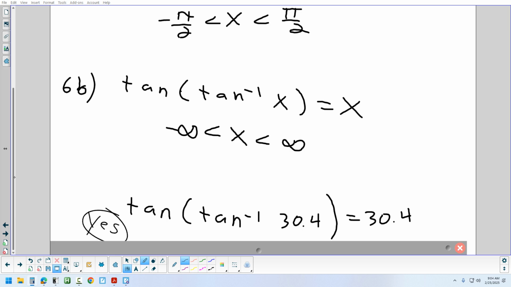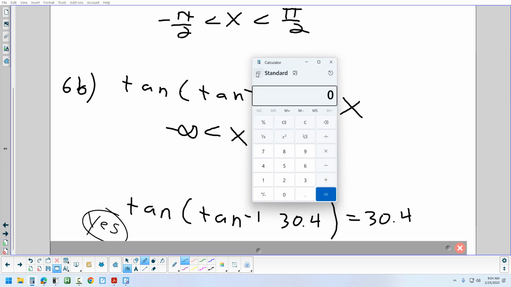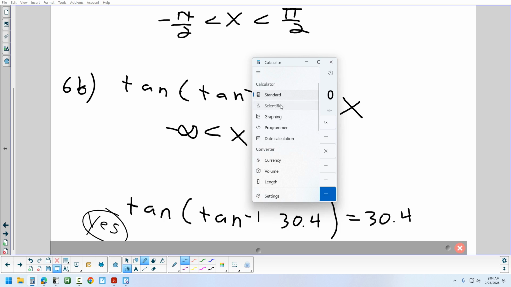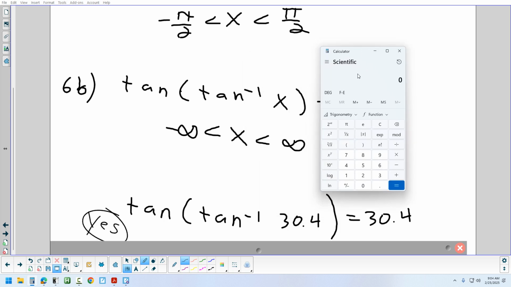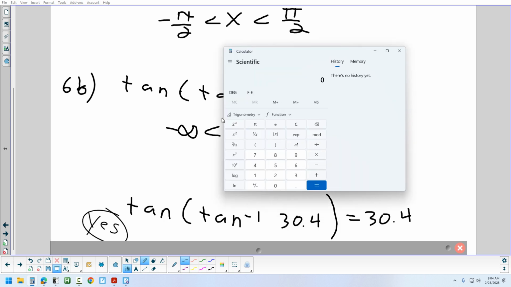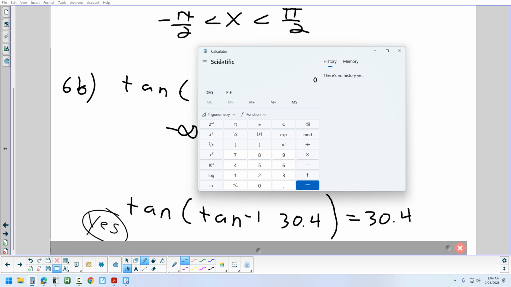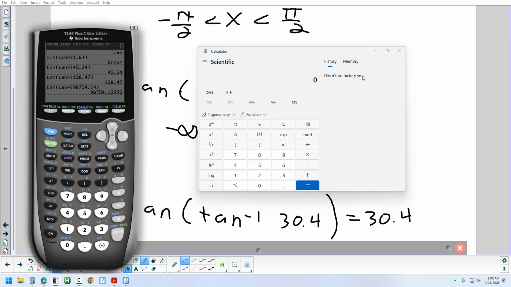Just for the heck of it, let's see. I'll try it on this calculator. What would happen? Okay, type in the same thing I did on the graphing one.